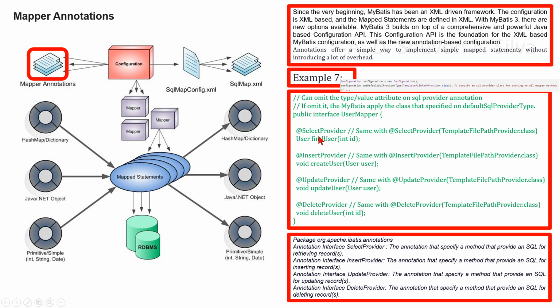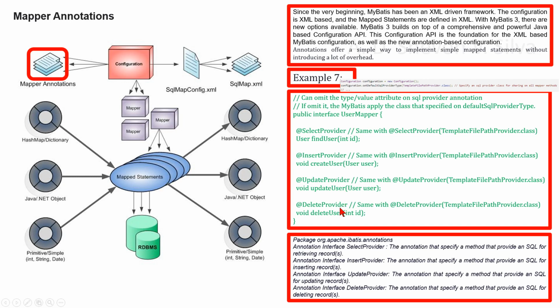Here the annotation types. Annotation interface SelectProvider, the annotation that specifies a method that provides an SQL for retrieving records. Annotation interface InsertProvider, the annotation that specifies a method that provides an SQL for inserting records. The annotation interface UpdateProvider, the annotation that specifies a method that provides an SQL for updating records.